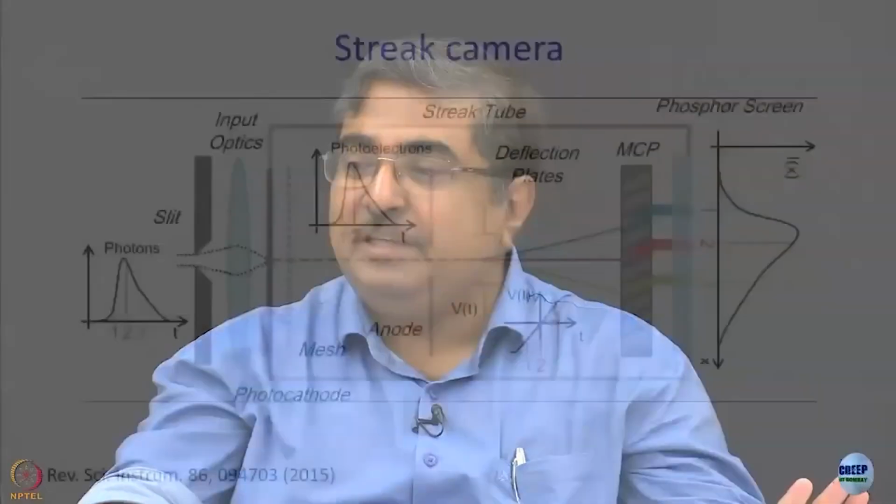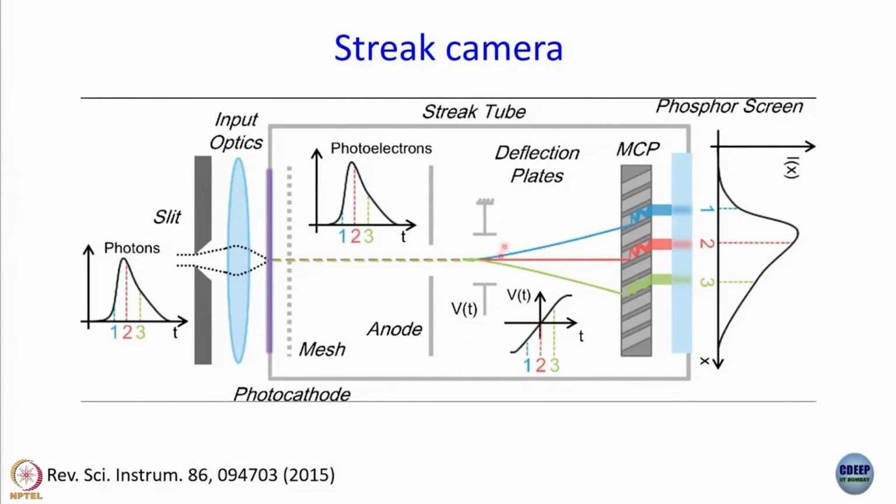By sweeping the voltage on the deflection plates, and in fact, this can be done much more easily with much greater time resolution. That is why a streak camera gives you much better time resolution than a gated ICCD detector. In fact, with a streak camera, one can measure almost up to 1 picosecond lifetimes.